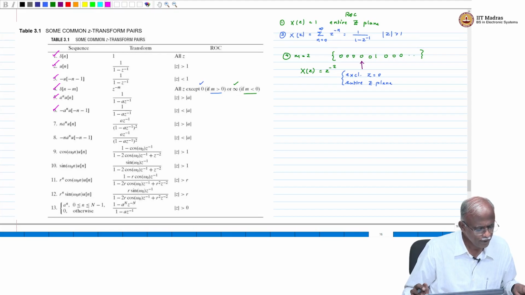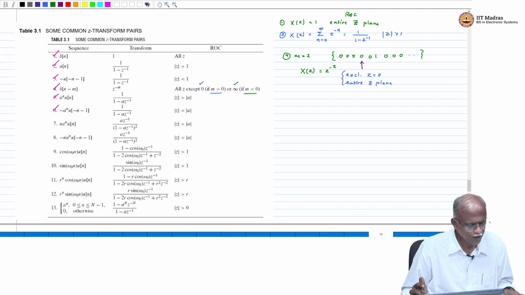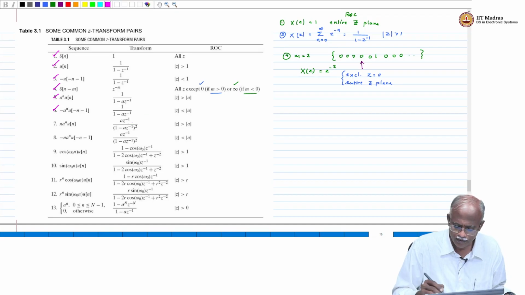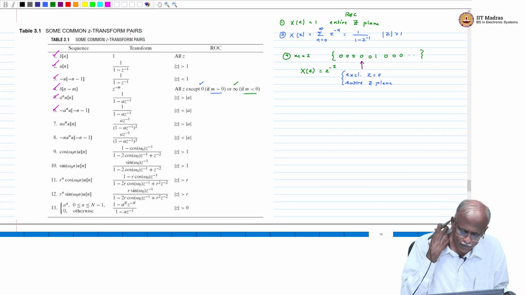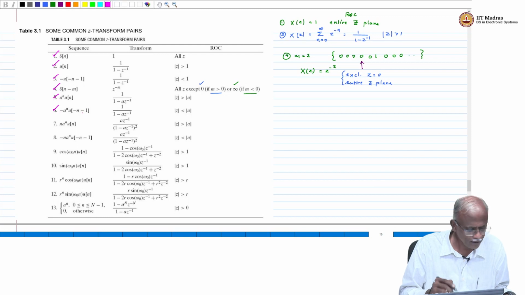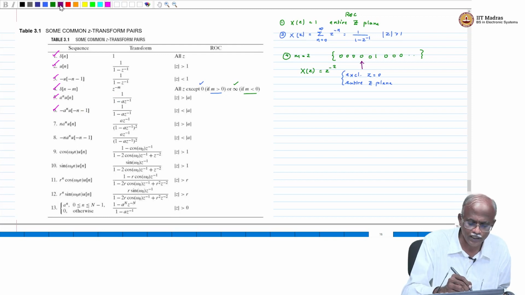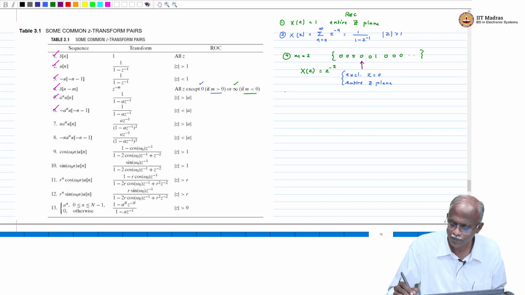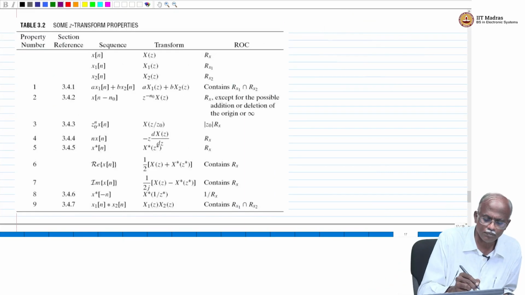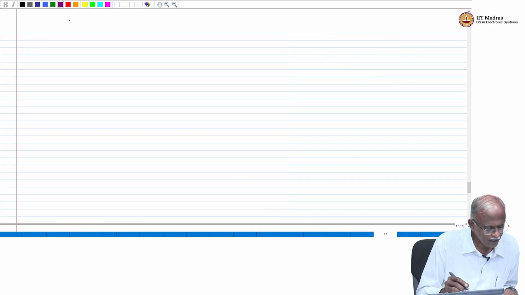The property of differentiation will go as follows. Let me see what is the best way to express this property. Let's look at number 7. Maybe I'll add an extra page.